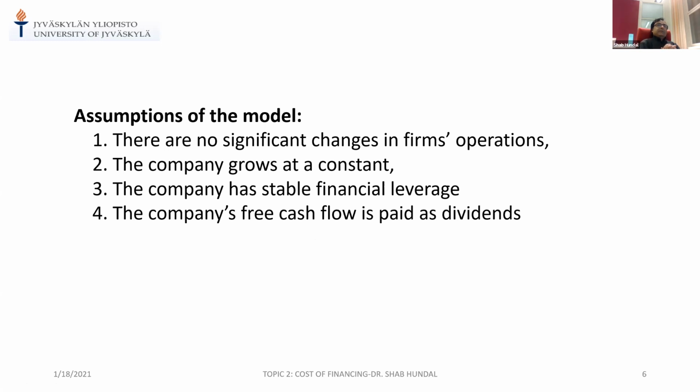So maybe it comes from that idea. The company has stable financial leverage. Leverage here means the ratio of debt to equity. So the company doesn't change its D to E ratio. It's stable. And then the company's free cash flow is paid as dividend. So whatever you get from the free cash flow, you give it in the form of dividend. So these are some of the assumptions about the model.